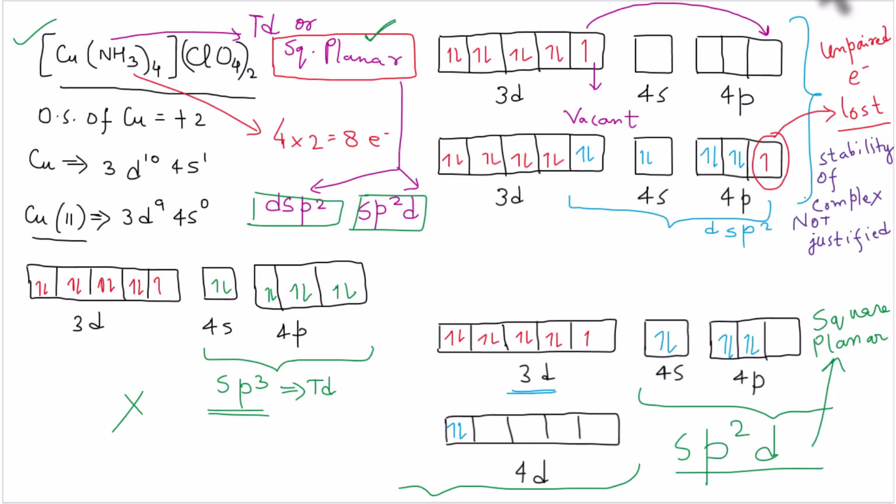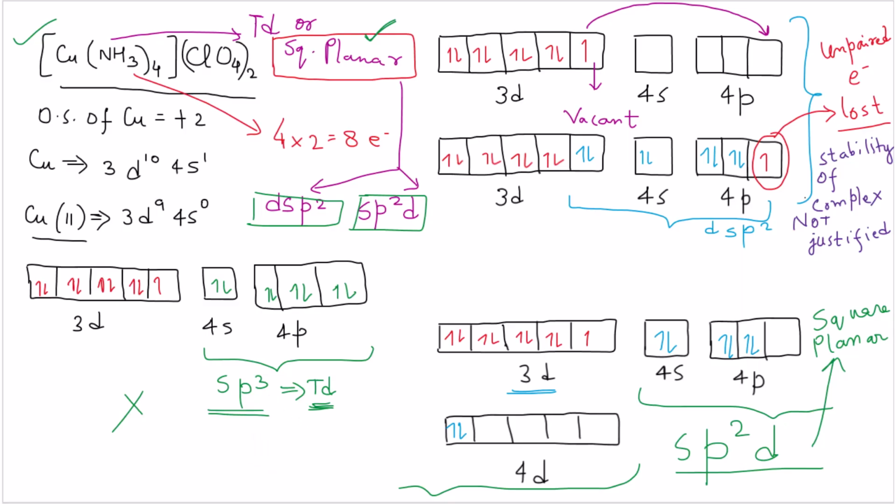Tetrahedral could easily arise logically, because all the 8 electrons of the ligand can be accommodated in 4s and 4p. But this was not according to the experimental studies, which said that this particular complex is not tetrahedral but square planar.